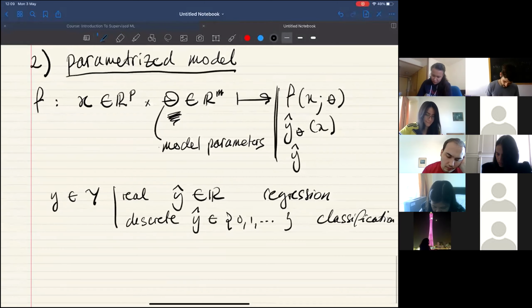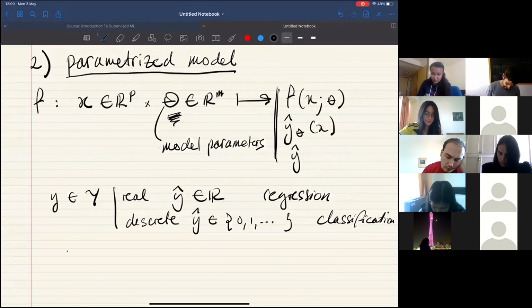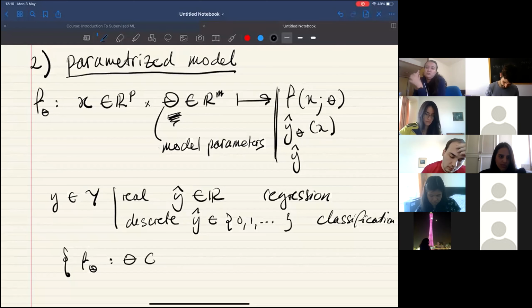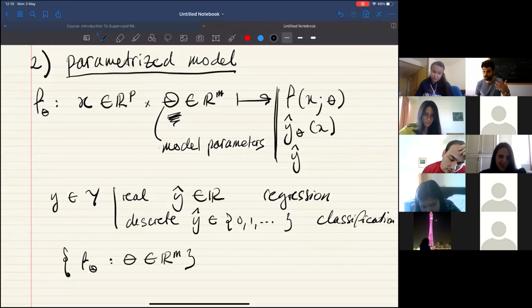All right, let me define another set, which is the set of functions f theta. I will denote it f theta like this to emphasize that it's a parametrized model. So this is a set of functions which are parameterized by theta.